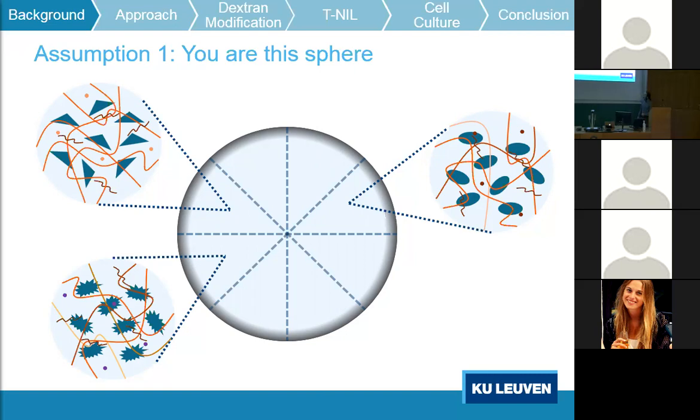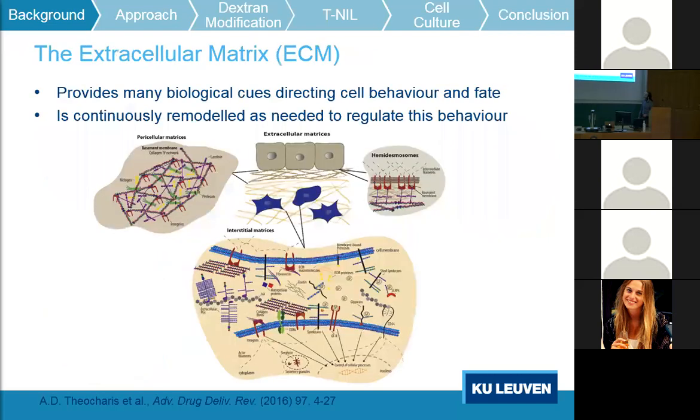And this material is appropriately called the extracellular matrix. So it is all of the material external to the cells in your tissue. And we are interested in this environment because it provides many of the biological cues, whether they be biochemical or biomechanical, to direct cell behavior and fate, and can support the regrowth and regeneration of tissue by means of that.